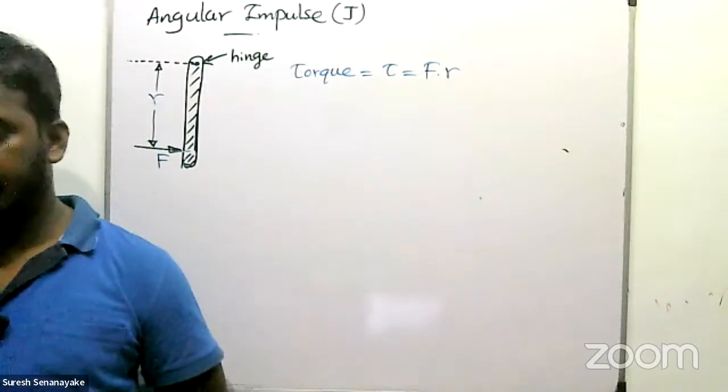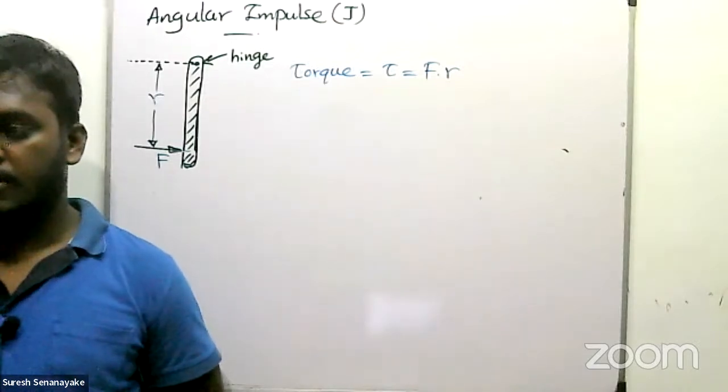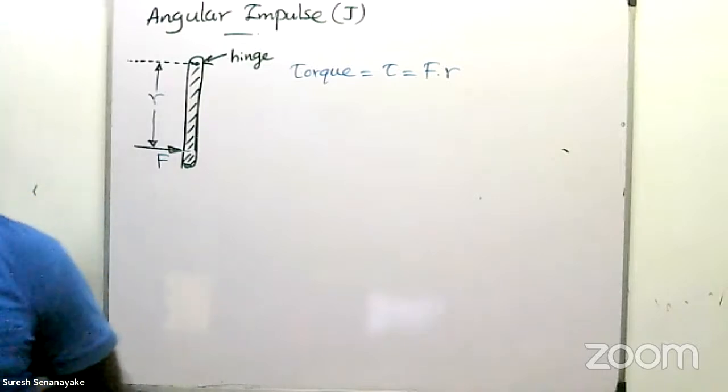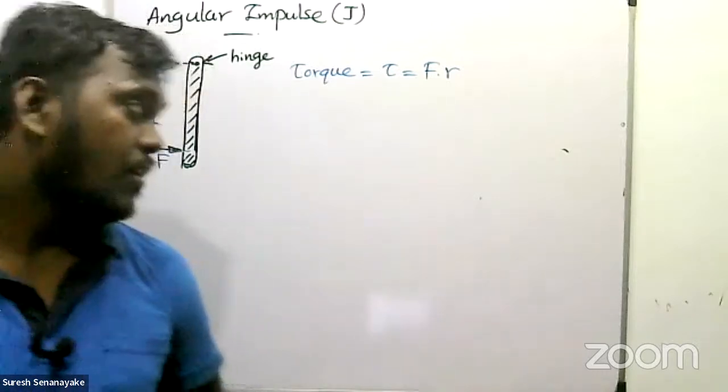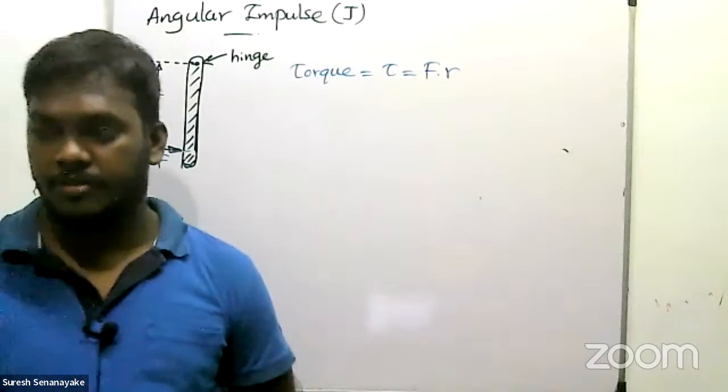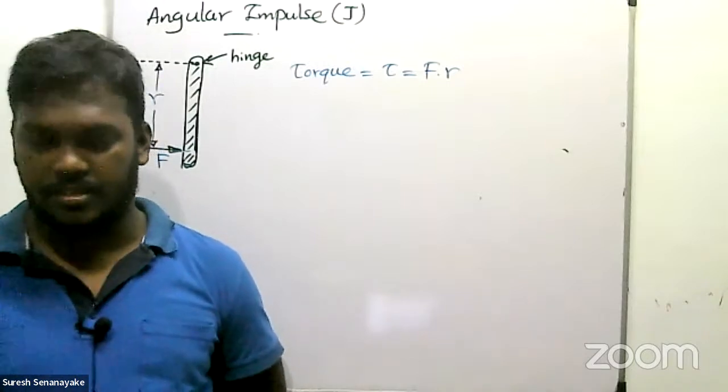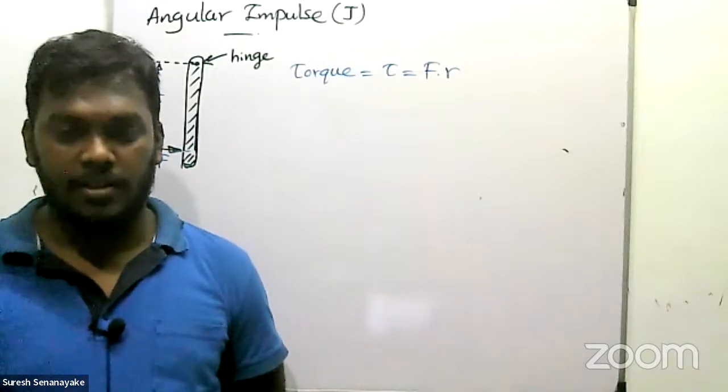Then write: the product of torque with the duration of its exertion is called the angular impulse.